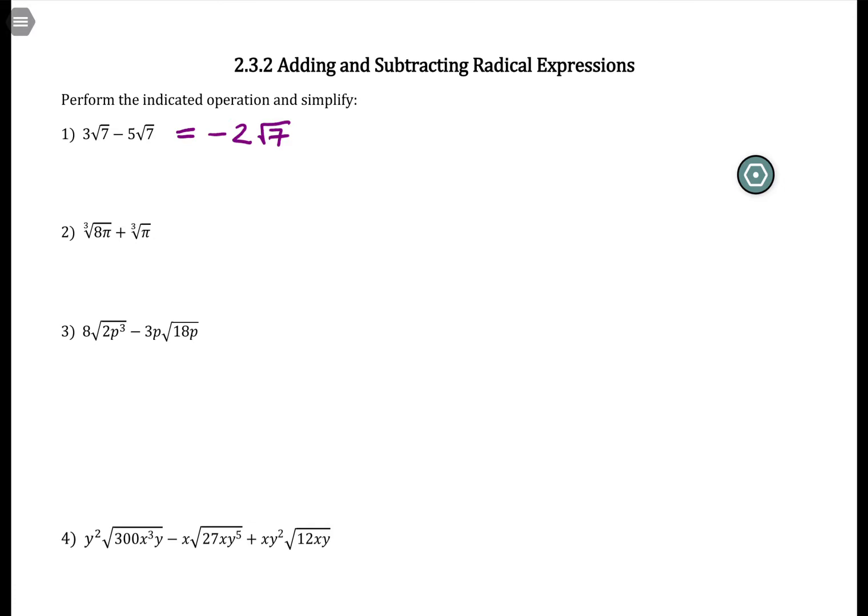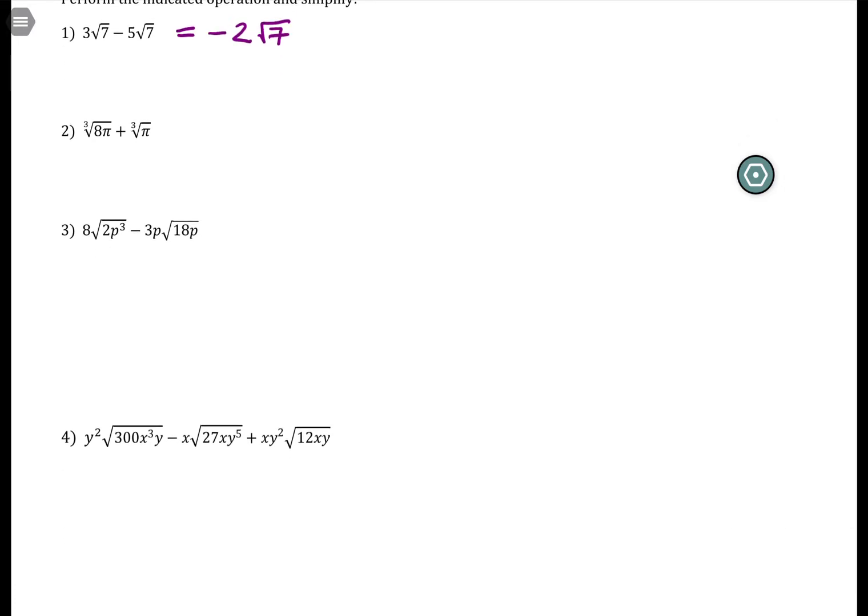Where it gets tricky is when you don't initially have like terms, but it's possible to simplify the roots. So you want to be watching always for roots that can simplify that might become like terms. For example, in number 2, we can split that cube root up and say, okay, I need the cube root of 8 times the cube root of pi plus the cube root of pi.